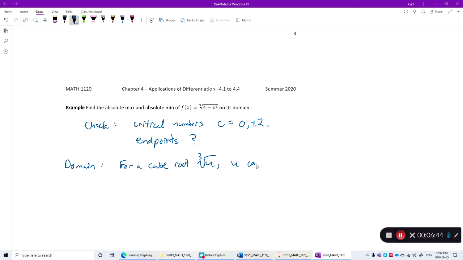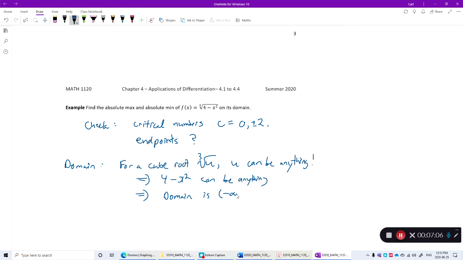U can be anything, right? It doesn't matter if it's negative. So that means that this 4 minus x squared can be anything. So that actually means that the domain is all real numbers.